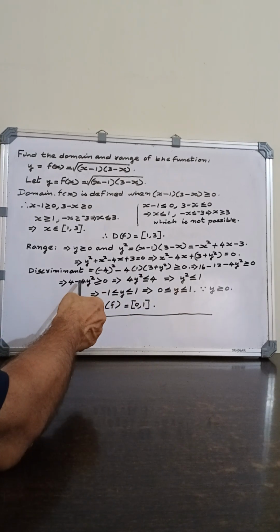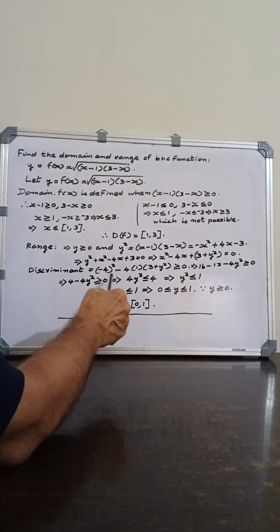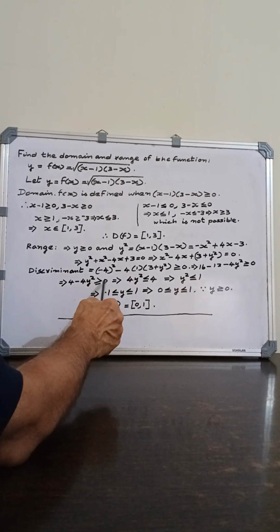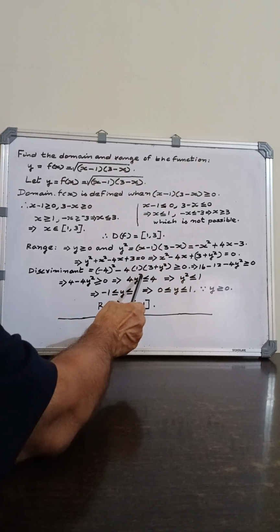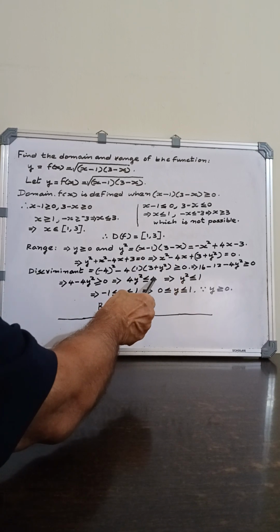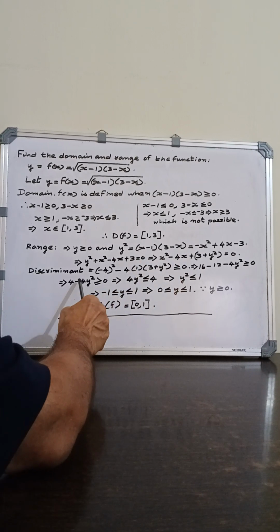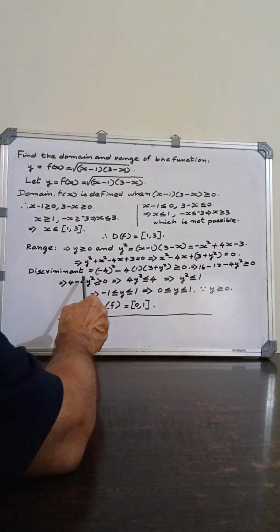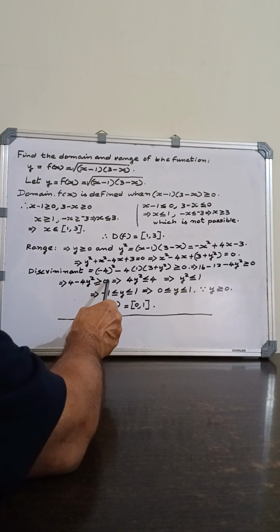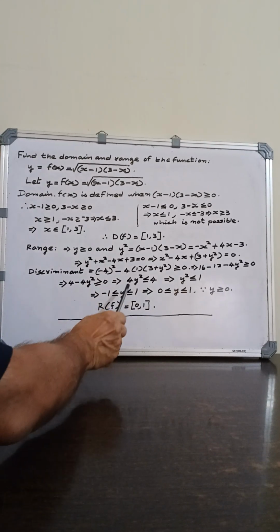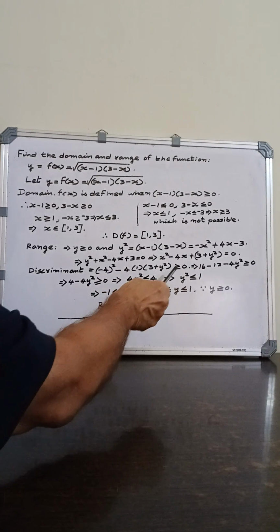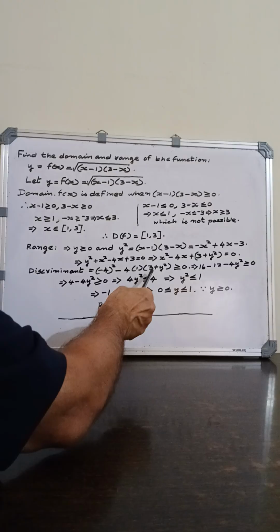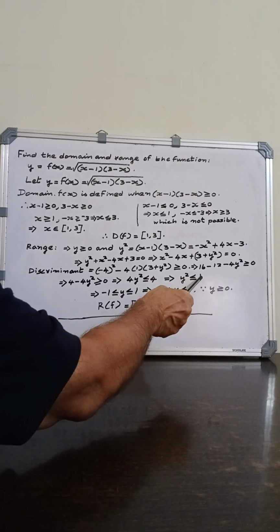That is, the negative term goes across, therefore 4 greater than or equal to 4y squared, that we can write as 4y squared less than or equal to 4. y squared less than or equal to 4 by 4, that is 1.